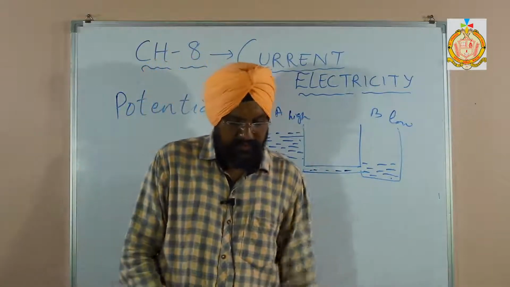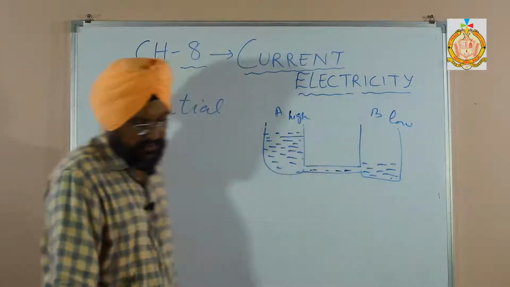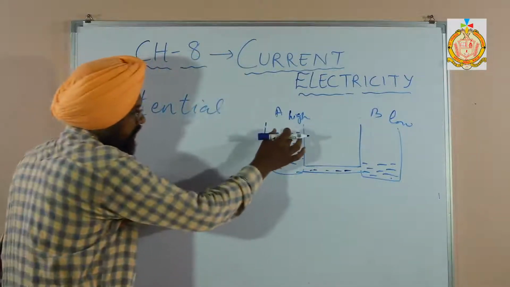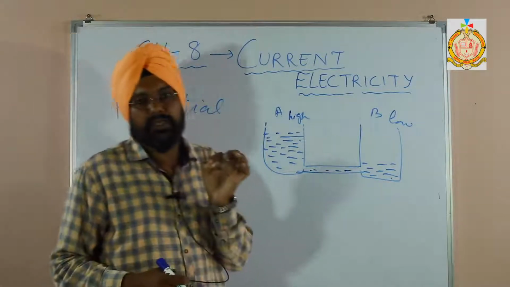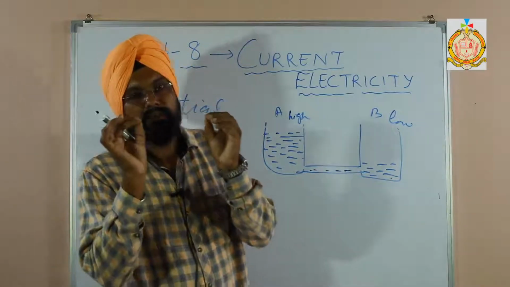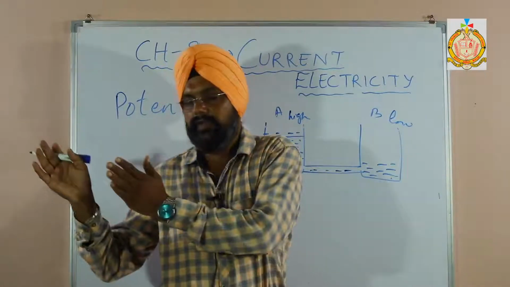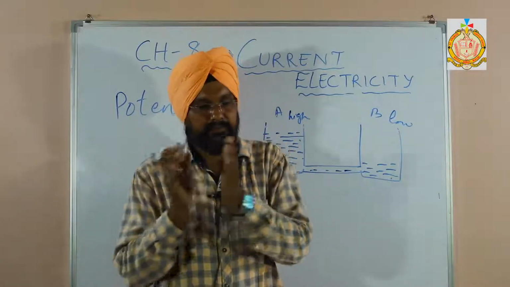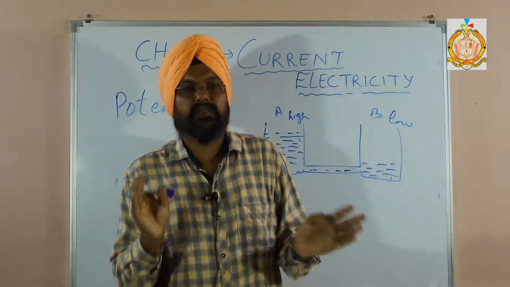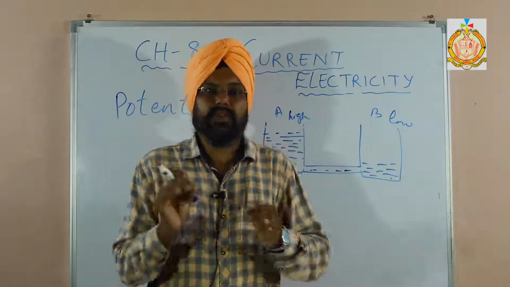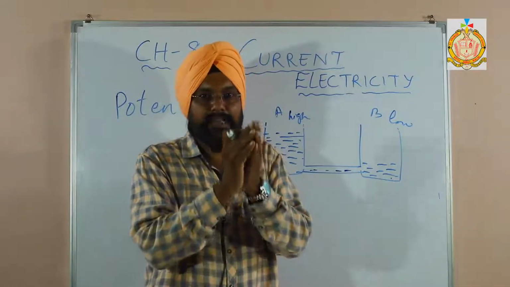We can also read that like poles repel each other. The potential at a point is defined as the amount of work done by the unit positive charge, because current is made up of positive charges only. As I gave you the example of the mobile battery: if you have an 80% battery, that means 80% positive charge in your mobile, and after continuously using your mobile the battery goes down to 70, 60.